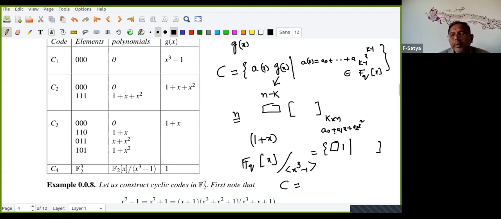Now a naught, a1, a2, I can take any scalars, 0 or 1. That is what I am telling here. When my generating polynomial is 1, my cyclic code becomes the entire F2 to the power 3, so that is all the words.